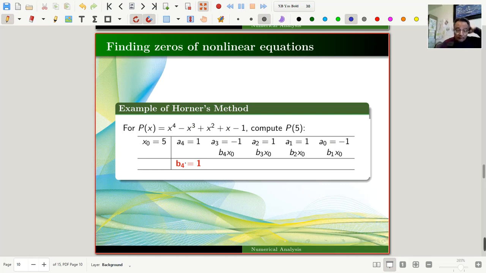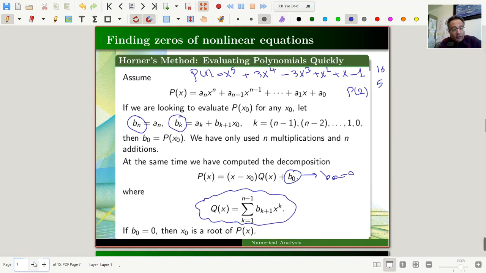Now, by the algorithm of the Horner method, you have to put b4 equal to a4. Please remember, bn equal to an. So b4 equal to a4 and it will be 1. And for the other coefficients, bk is ak plus bk plus 1 times x0.